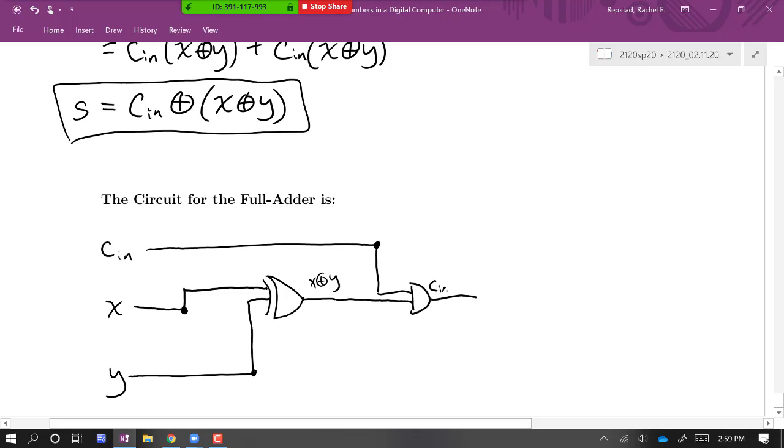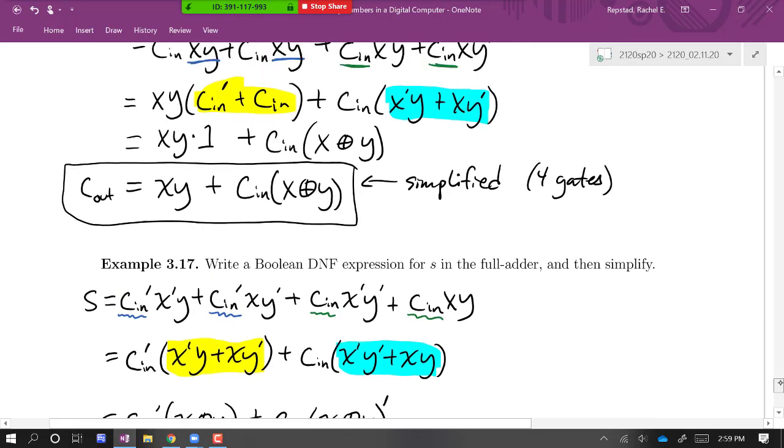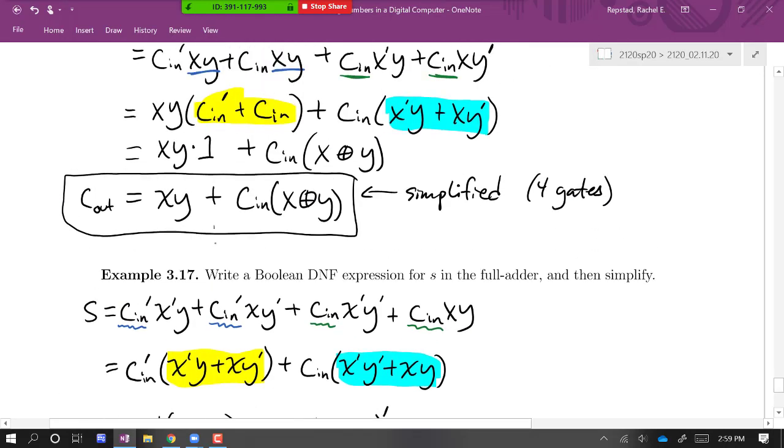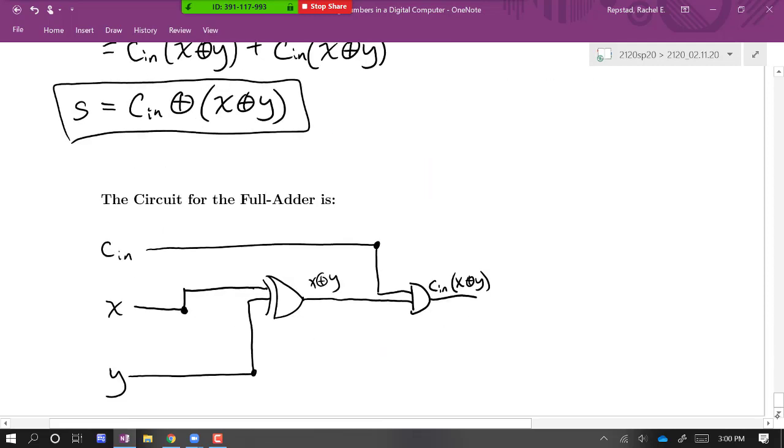So this is carry in and then X XOR Y. And I'm going to scroll back up again just to look at what else I need. I've got to pass that through an OR gate where the other input is X and Y. So I've got to pass X and Y through an AND gate, and then that output is going to go through an OR gate with what we just produced here.